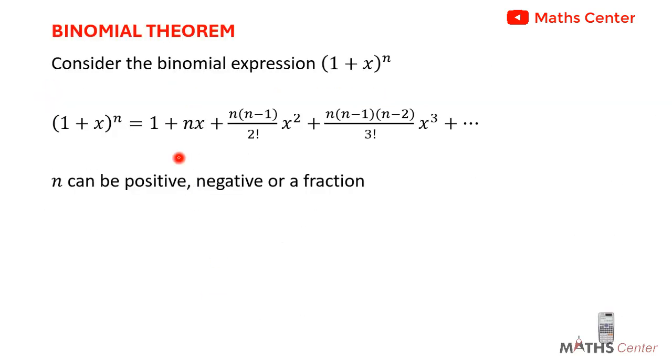Let's say that we have the binomial expression 1 plus x exponent n, where n is either positive, negative, or a fraction.